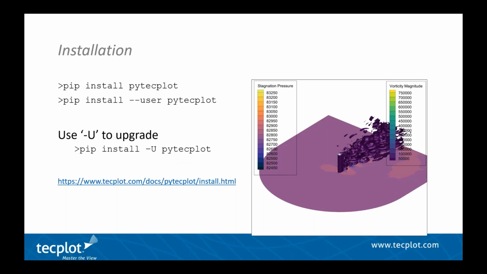And with the release of Tecplot 360 2021 R1, we've also released PyTecplot 1.4. So if you're on an older version of PyTecplot, you may want to update. And we have extensive notes for the installation on our webpage, and these documents also get installed with Tecplot 360.